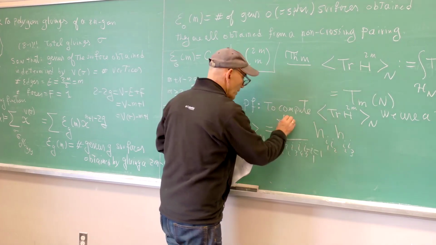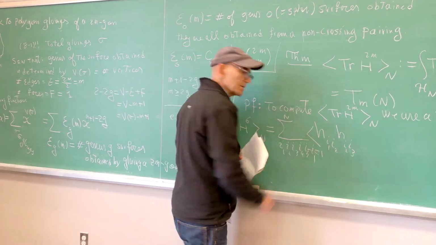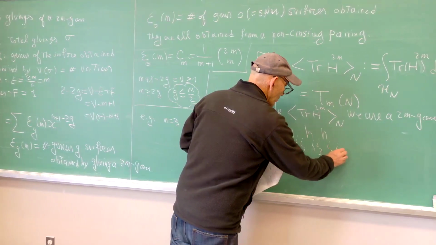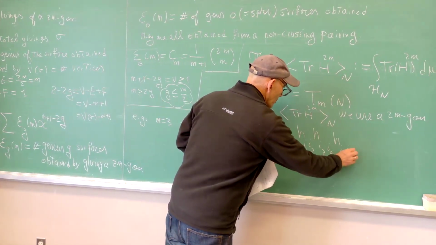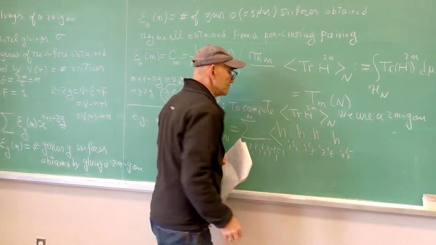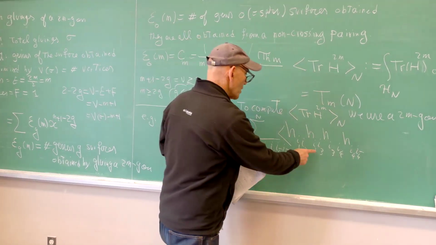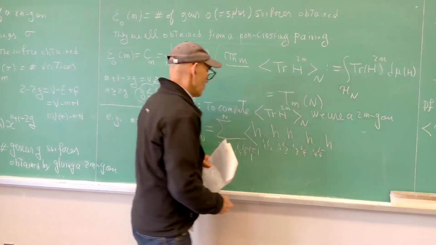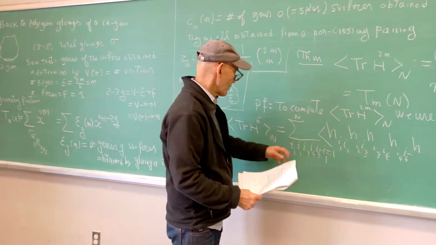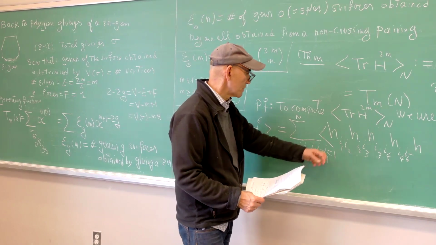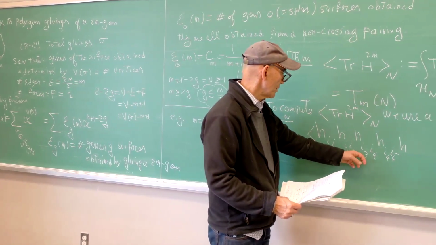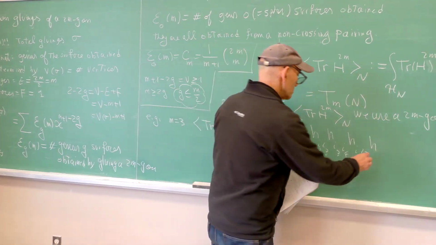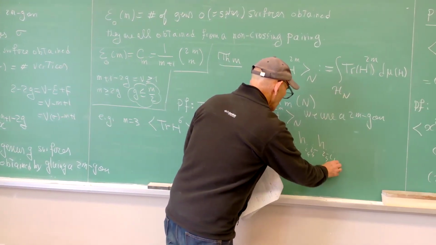So all of them go from 1 to n, and this is the expectation value.